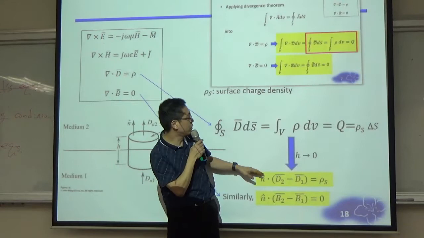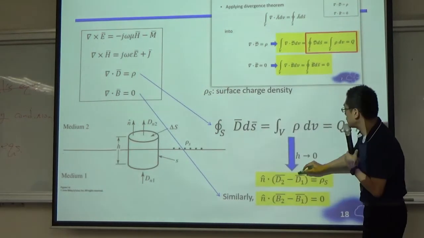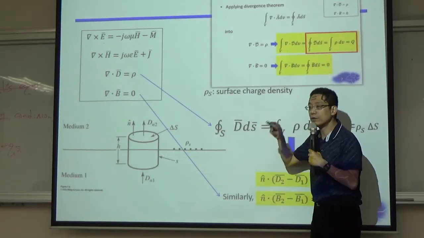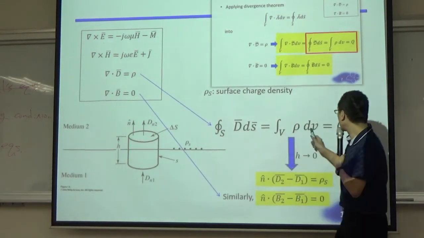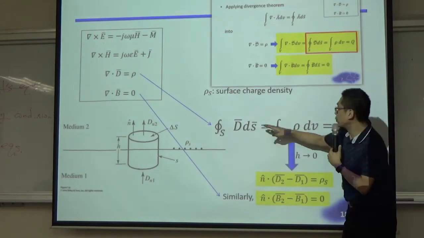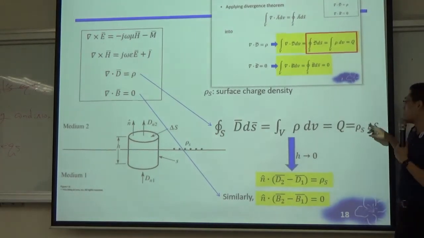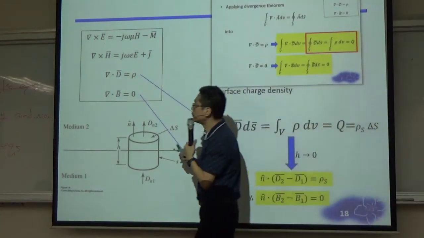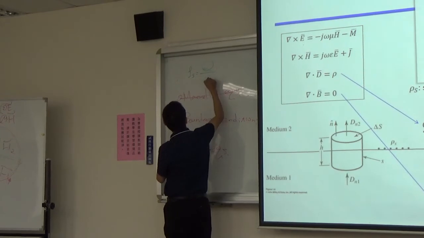Okay? Then the result of this one will equal, because this is the integration over the surface, which means you multiply the result by the surface, delta S, and that equals Q. You can move the delta S to the other side, so Q over delta S equals Q over the area.